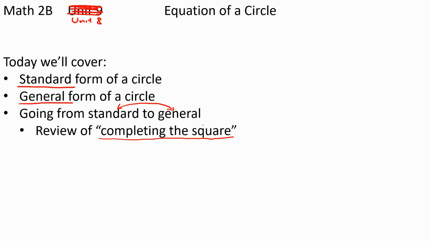It's an algebra concept that we did while working with polynomials to go from expanded form of a polynomial back to the cleaner form. So it's that process. So we'll be looking at that today as well. It's review from last year.